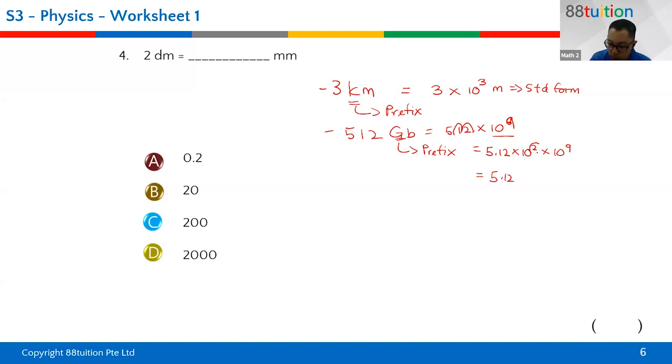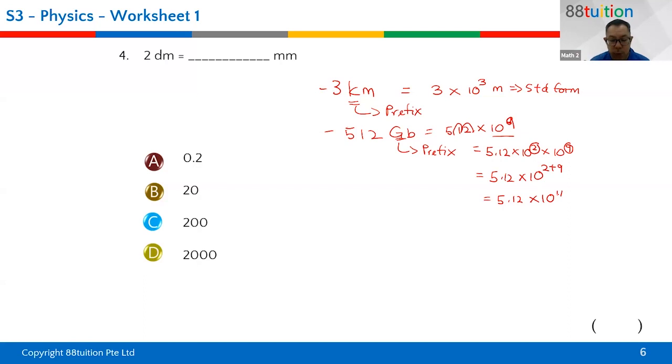So you see there's a power 2 and a power 9 here, right? You add up the power. So you get 5.12 times 10 power 11. Okay? So this is the example.